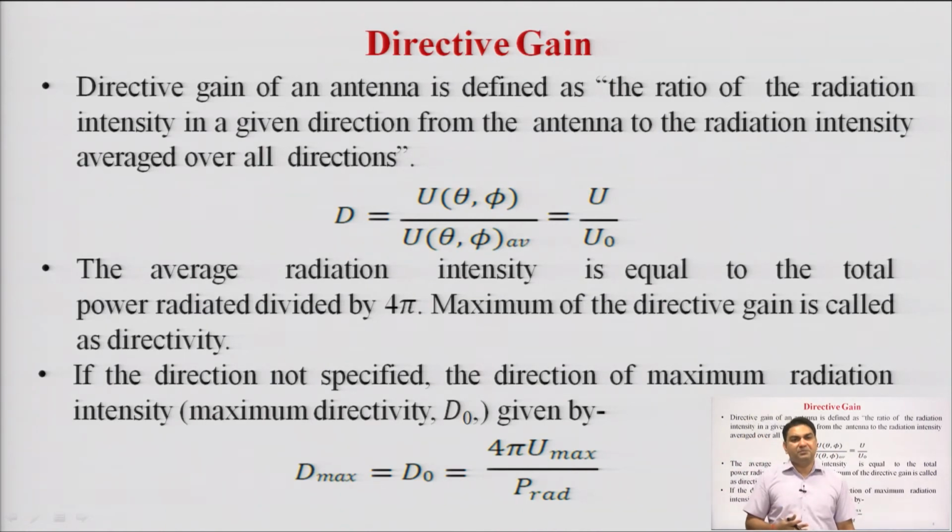Some of the basic parameters define the figure of merit of an antenna. This is known as the gain of an antenna. Gain of an antenna is a very basic and primary parameter for describing its directional properties.